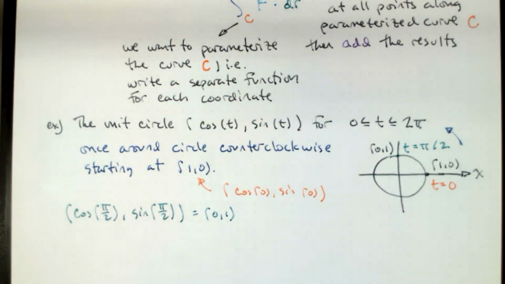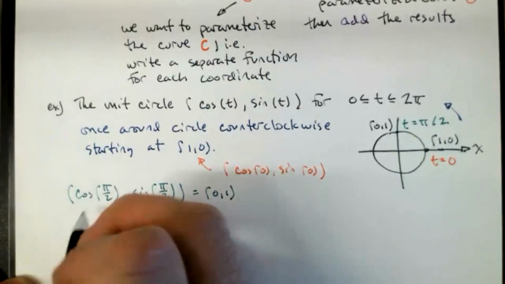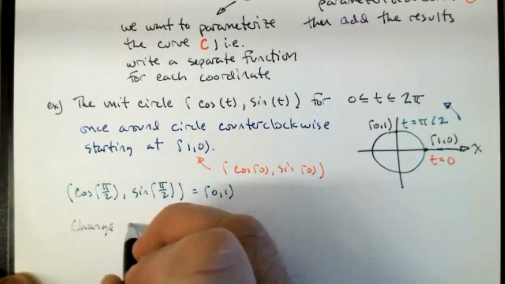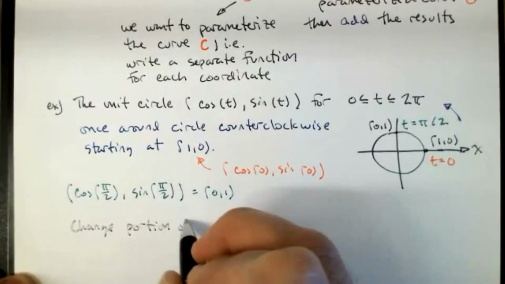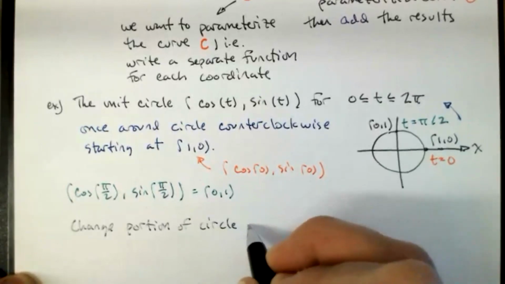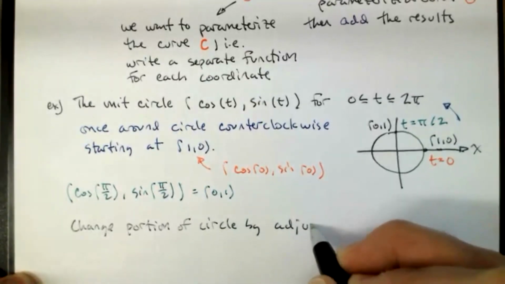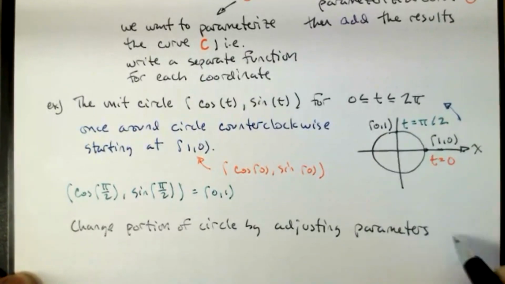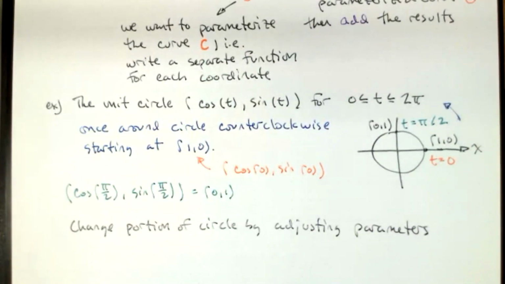So we can control what part of the circle we're getting by changing the values of the parameter that we're plugging in. We can change the portion of the circle by adjusting the parameters.